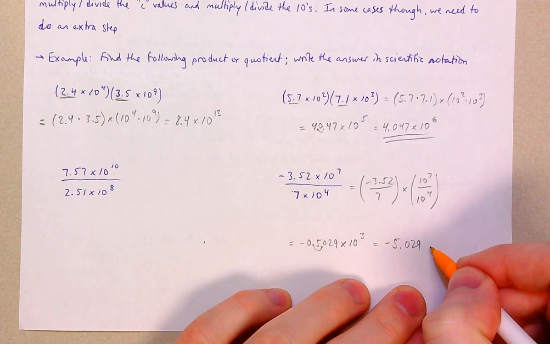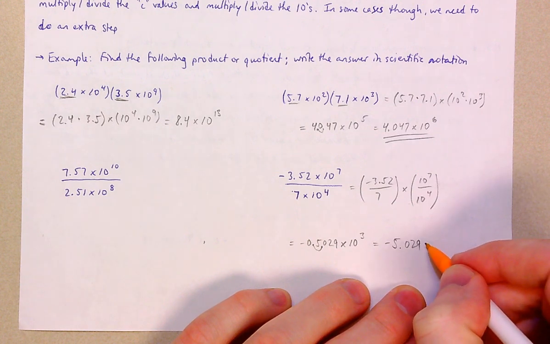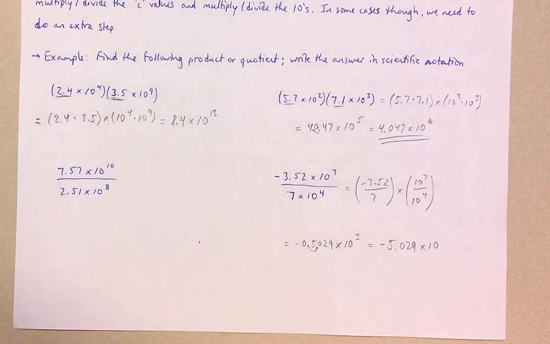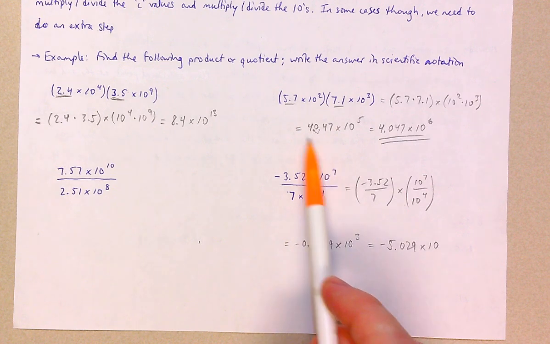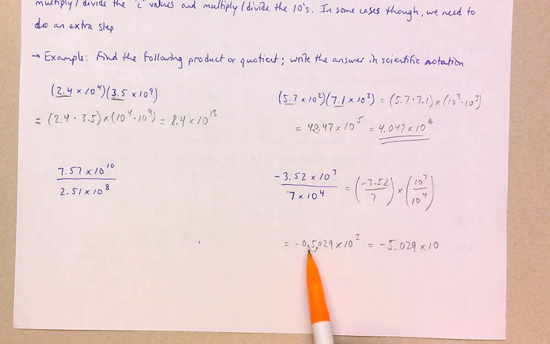So negative 5.029 times 10 raised to what power? Well, when we moved the decimal point 1 place to the left, we added 1 onto the power. So now when we move it 1 place to the right, we're going to subtract 1 from the power.